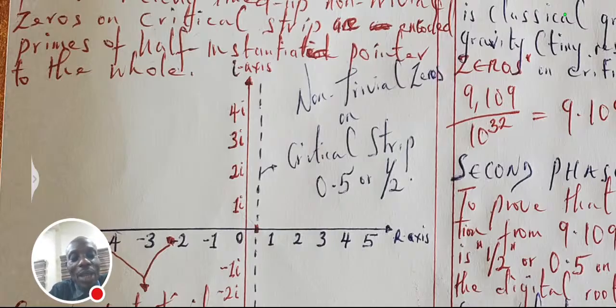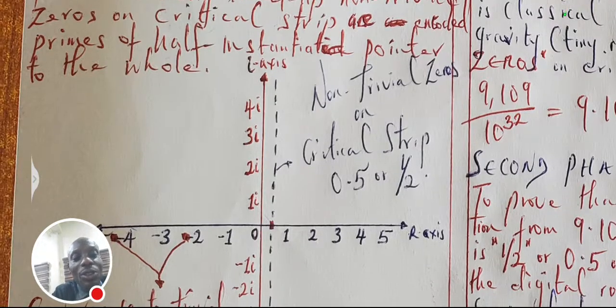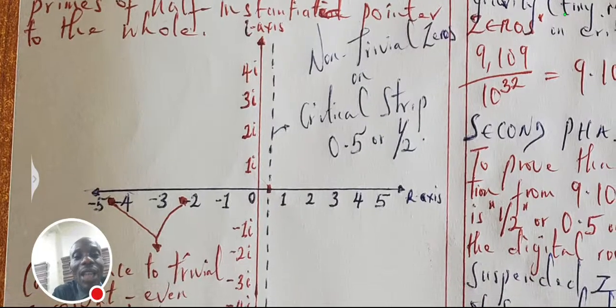By having two dimensions, we have the y-axis to represent the imaginary axis and the x-axis to represent the real axis. So now, for the real axis, from the center we have 1, 2, 3, 4, 5. Then we have the negative side, which is negative 1, 2, 3, 4, 5.